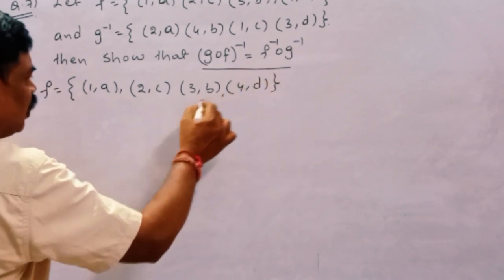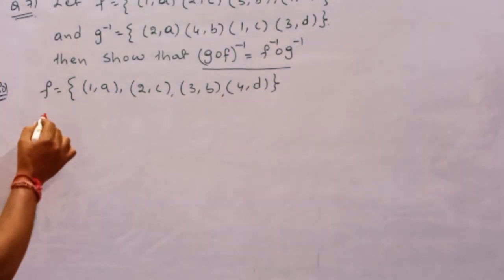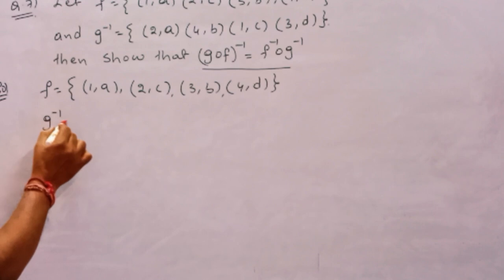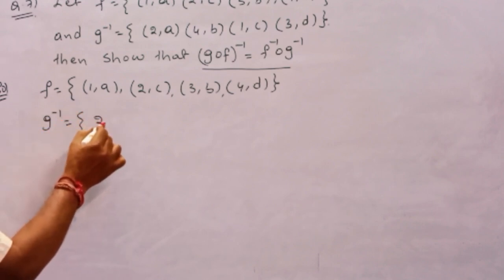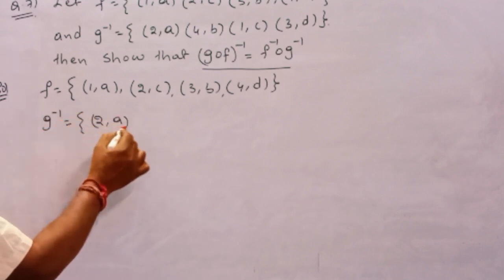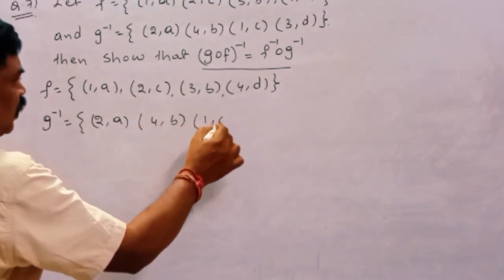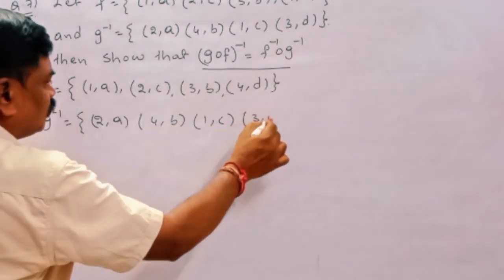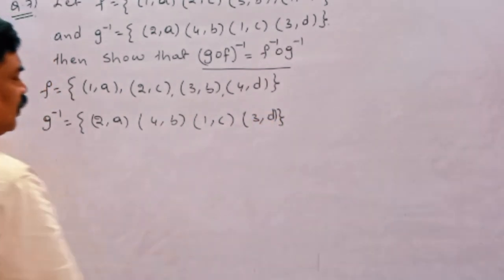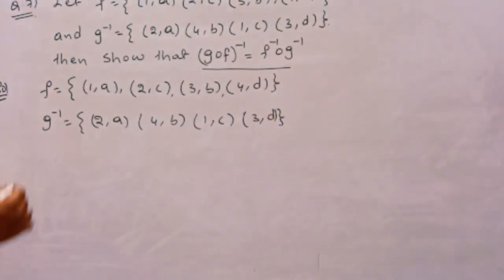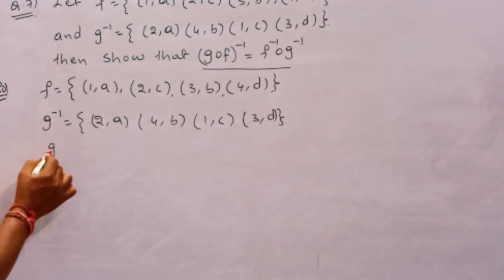These are the ordered pairs given. And the G inverse function is given: ordered pairs (2, A), (4, B), (1, C) and (3, D). So from this, G is equal to what?